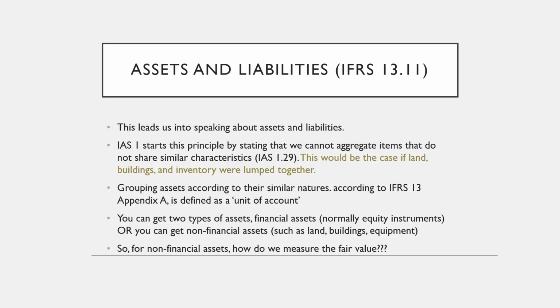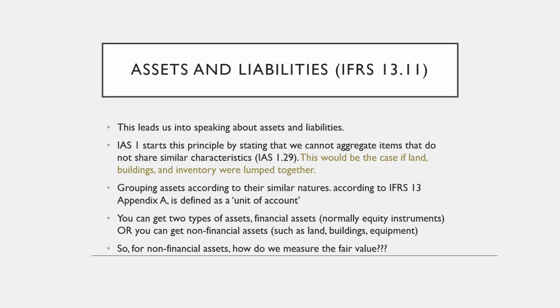IFRS 13.11 leads us to speak about assets and liabilities. So I just want to go back to IAS 1, which is one of the most ignored standards, but also one of the most important standards we can think of. IAS 1 starts the principle by stating that we can't aggregate items that do not share similar characteristics.